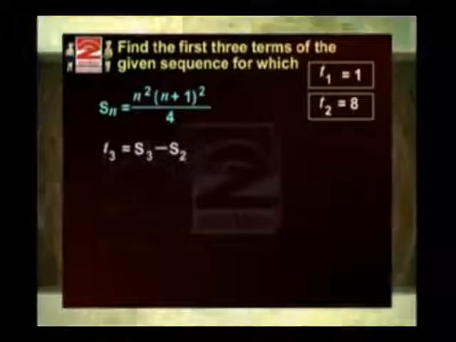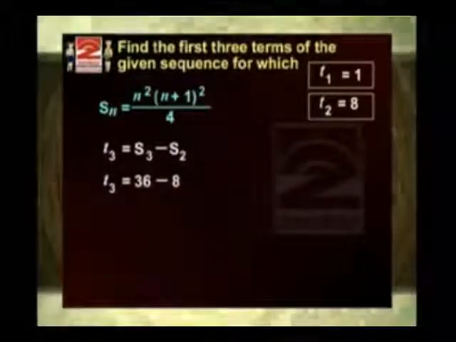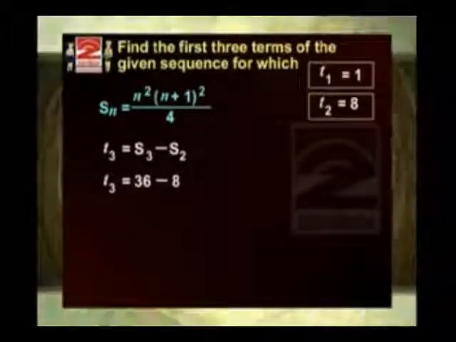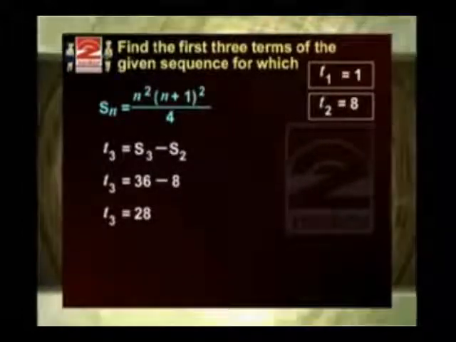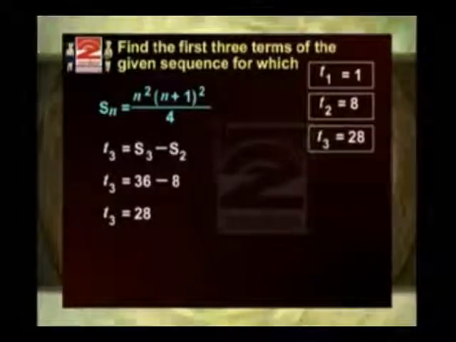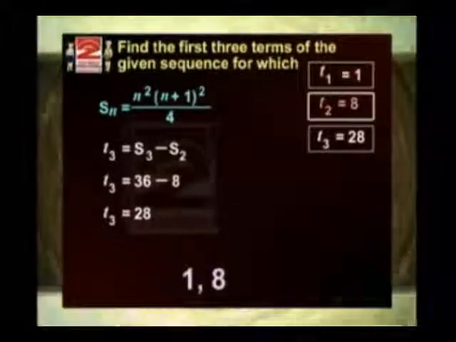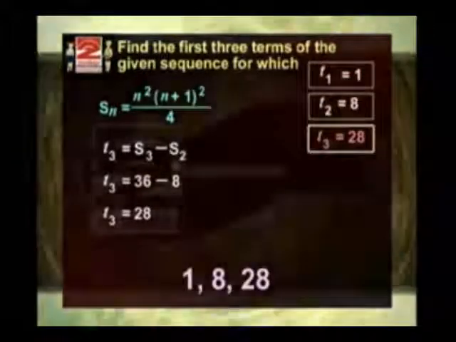Now T3 is equal to S3 minus S2, that is equal to 36 minus 8, that is equal to 28. And therefore, the first three terms of the given sequence are 1, 8, 28.